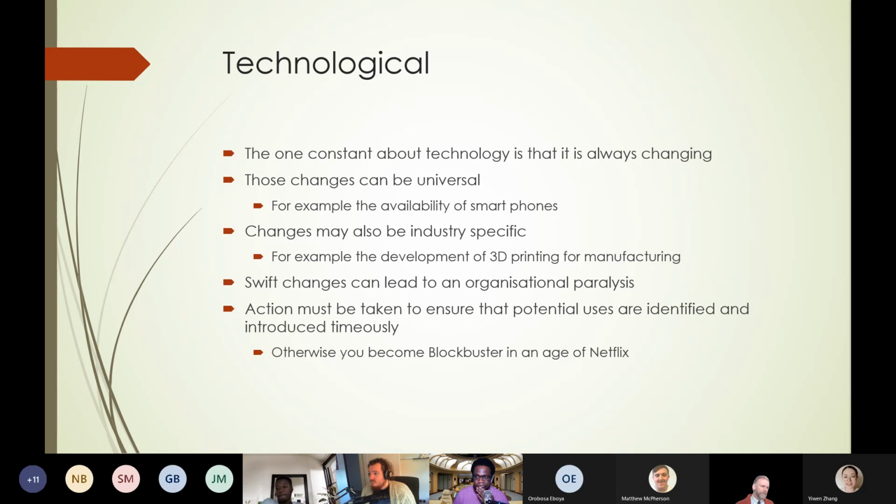What happens if technology invades your business and changes it? What happens if technology changes society, which causes a knock-on effect to your business? What are those changes? What effects might they have, and what are you going to do about it? Otherwise, you end up not existing anymore.